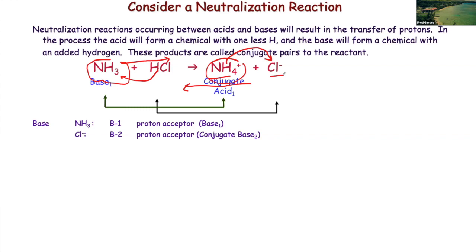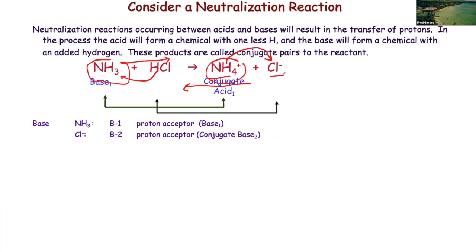When you have conjugate pairs, one will always be an acid, another will always be the base. So you could recognize them because the acid generally will have more hydrogen than its base counterpart.